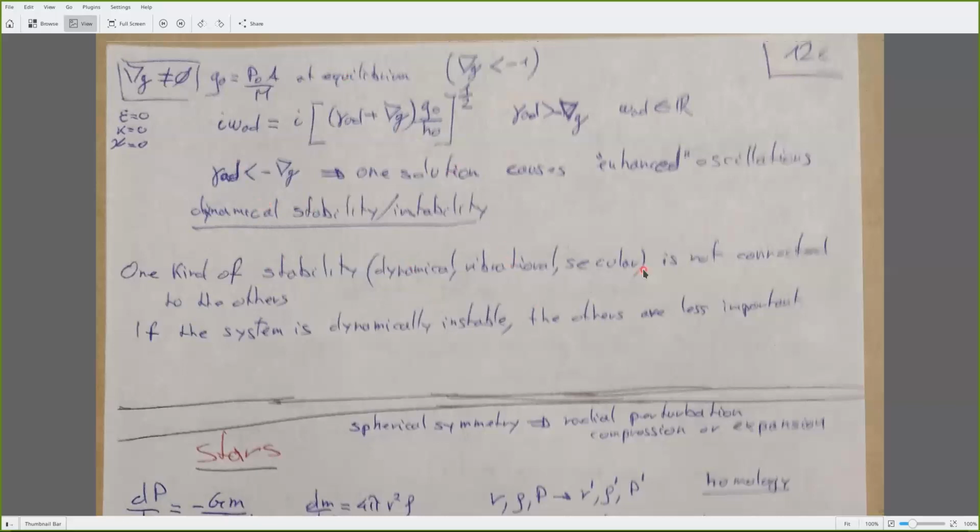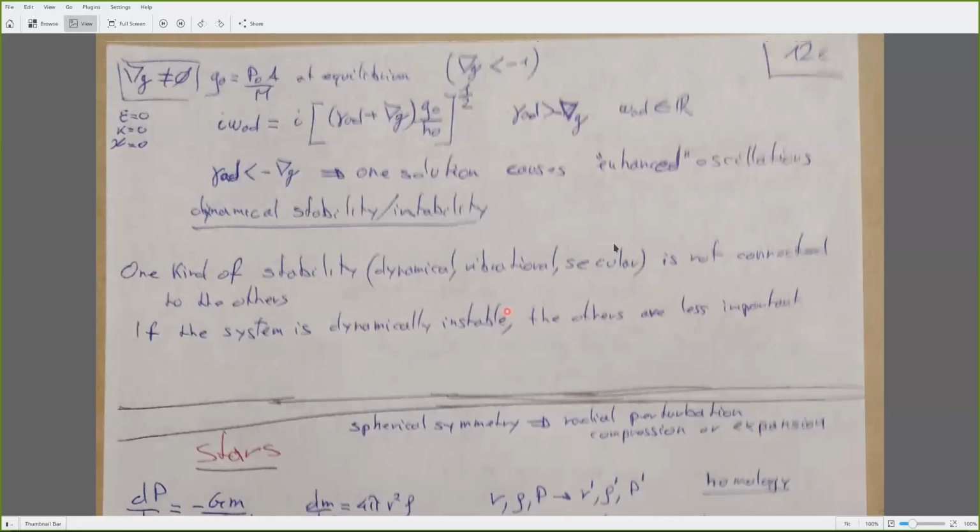For secular, the variations are damped internally and go away, are not connected with each other, so one kind can exist and the other not, and cause an influence in the evolution of the system, etc. What matters is if the system is dynamically unstable; the others are less important because usually the dynamical instability can be really quick and bring everything quickly outside the equilibrium.